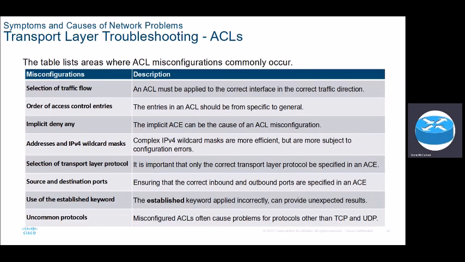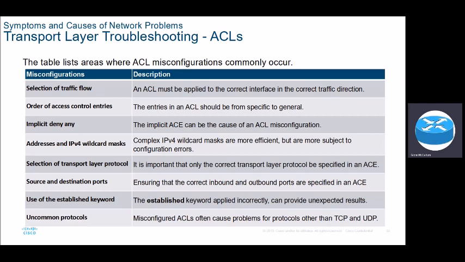Transport layer, so selection of traffic flow. And so, of course, you can have ACLs that do that poorly. The order of access control entries can be wrong, so you've got a logical error basically. Some people forget the implied deny any statements, addresses and wildcard masks, and so of course, yeah, easy for human mistakes there.